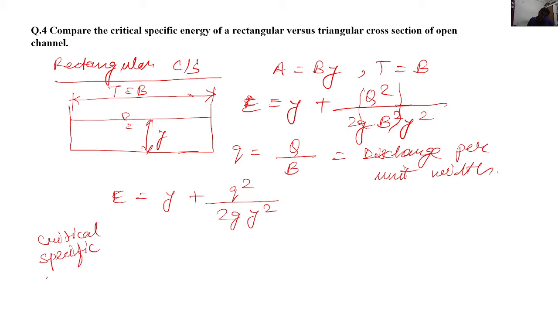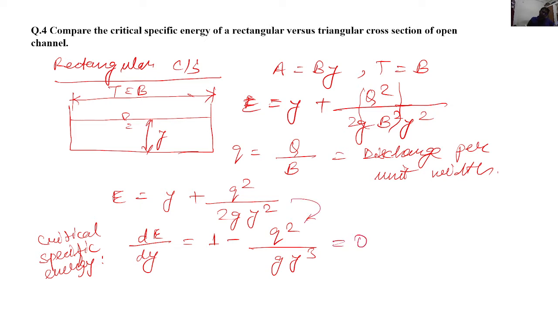critical specific energy, we know that it is for a minima of the specific energy. So that can be written as dE by dy equal to 1 minus q square by g y cube. We are just differentiating this term and equate it to 0 because it's a minima.